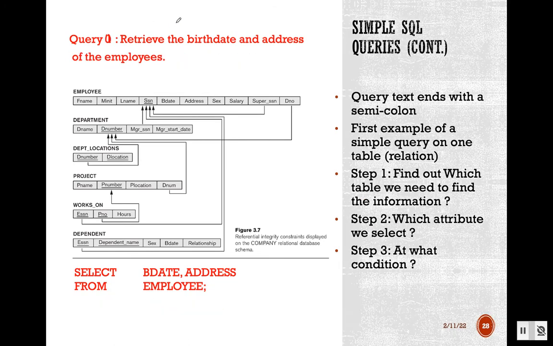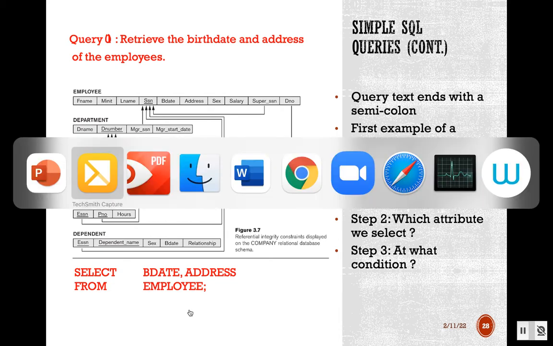For the first query, we are going to retrieve the birth date and address of all employees. So we are writing a select query, select bdate, address from employee. Here we do not need any condition, and this query is going to select the birth date and address of each employee, meaning all employees.